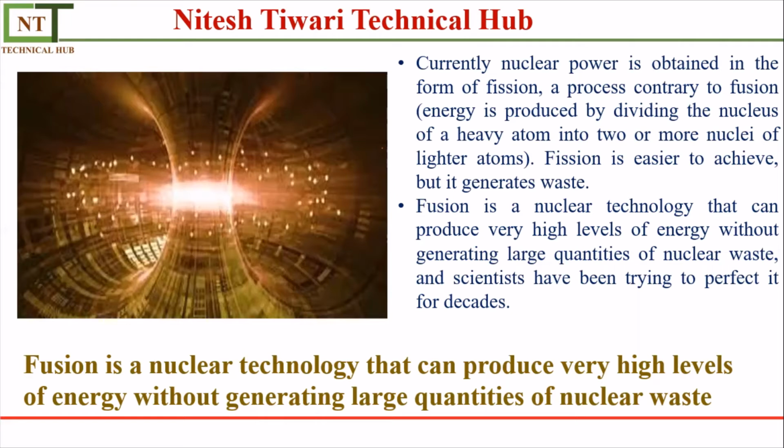So what does it mean? It means the nuclear fusion reaction will generate more energy compared to the nuclear fission reaction, and the waste generated by nuclear fusion is very little compared to fission. That is why we are so focused on making a nuclear reactor based on nuclear fusion instead of nuclear fission.